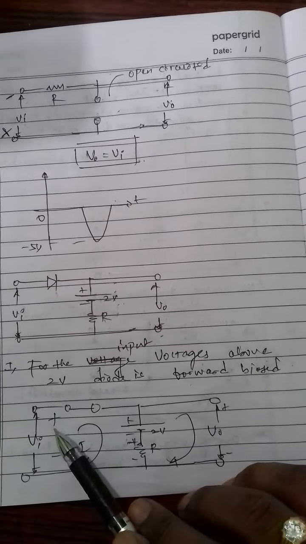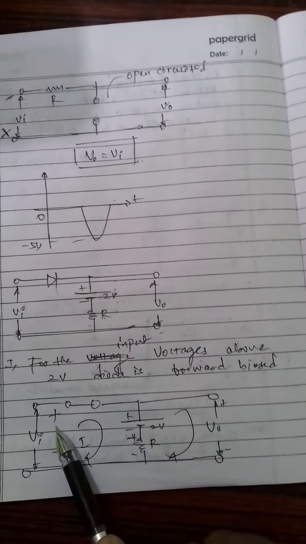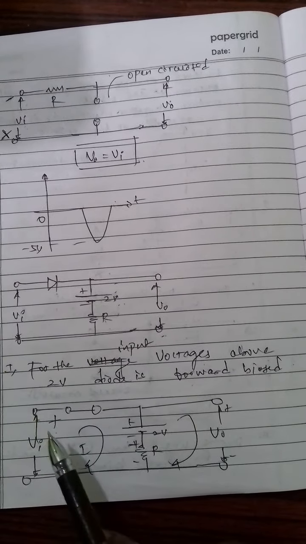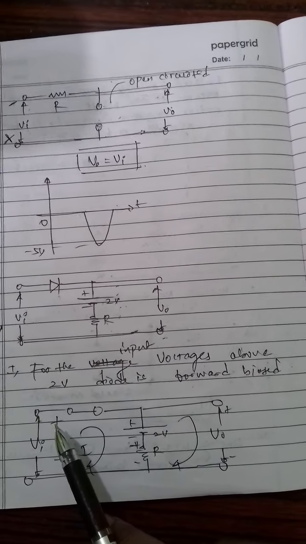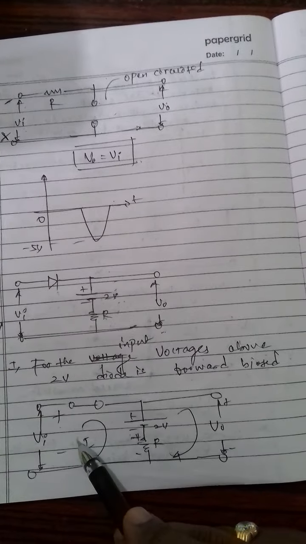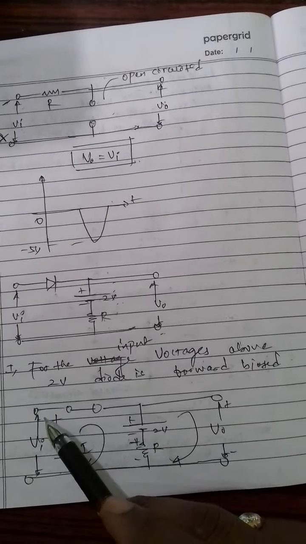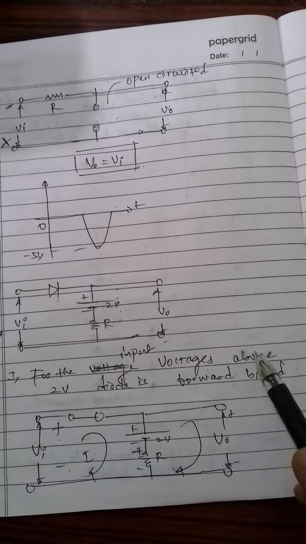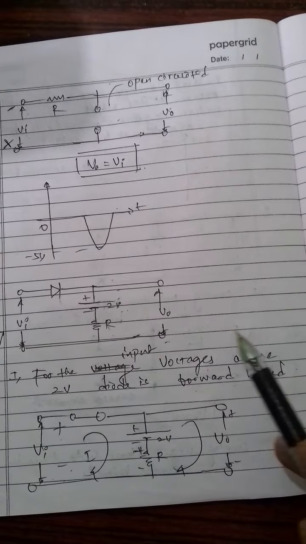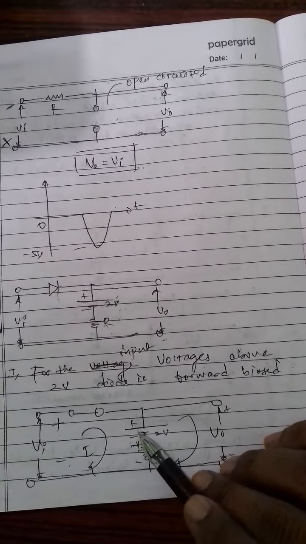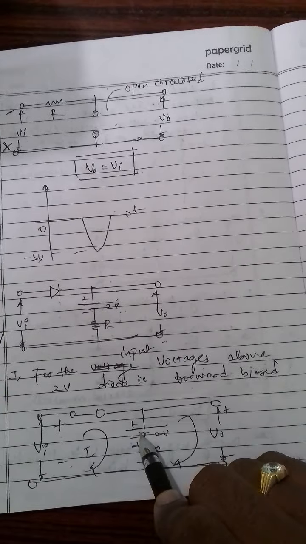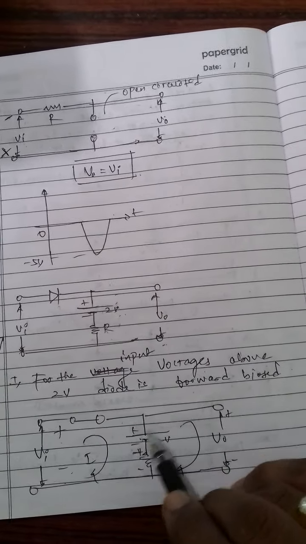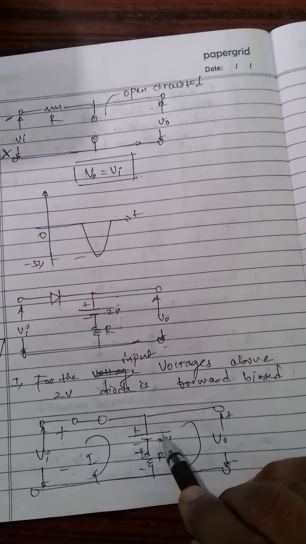Because the positive peak is plus 5 volts, the negative peak voltage is minus 5 volts, and the reference voltage which is used in the circuit is equal to plus 2 volts.